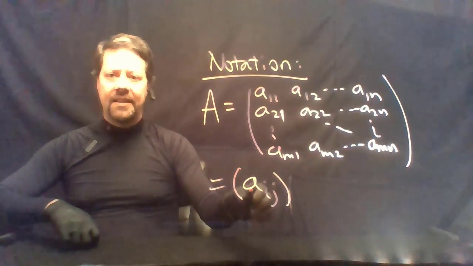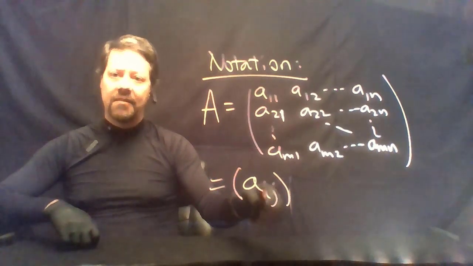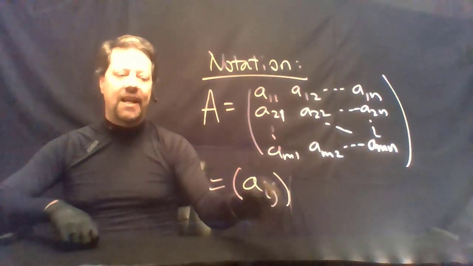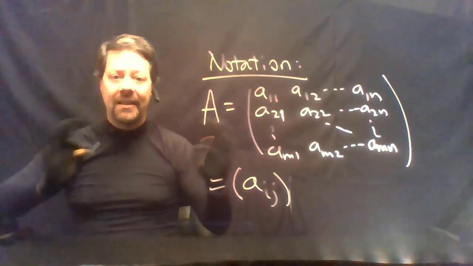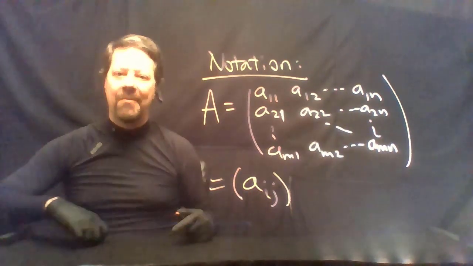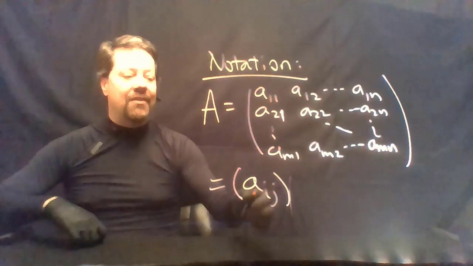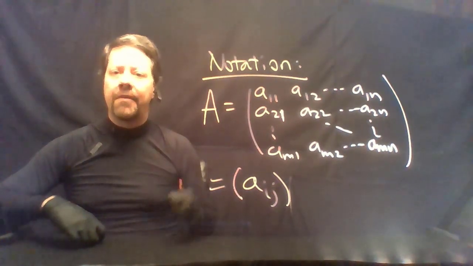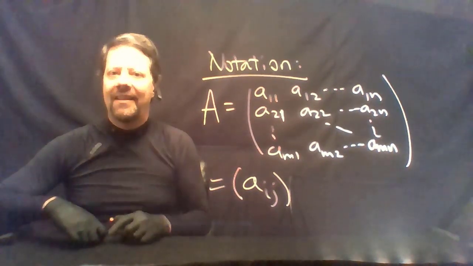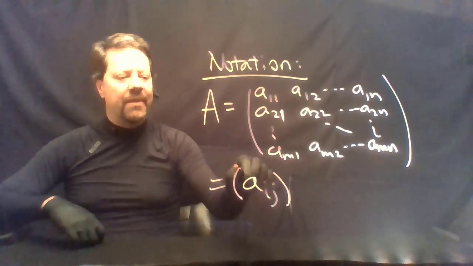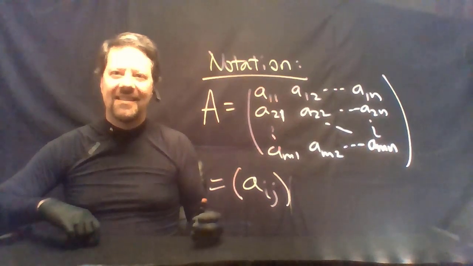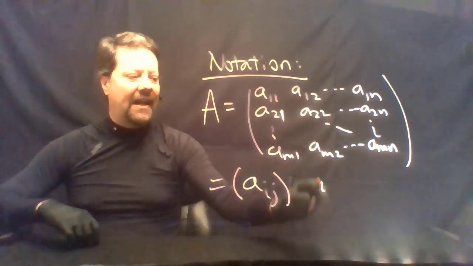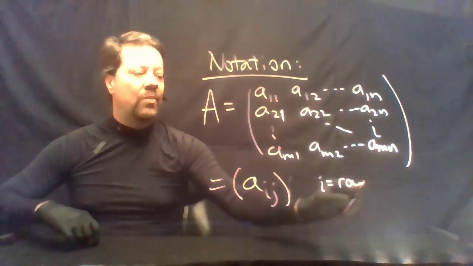If the double subscripted letter AIJ is inside of parentheses, we are referring to the entire array, the matrix. If it is outside of parentheses, we are referring to a particular entry in that matrix. So whether we surround it by parentheses or not will make a difference. In this notation, I is the row number.